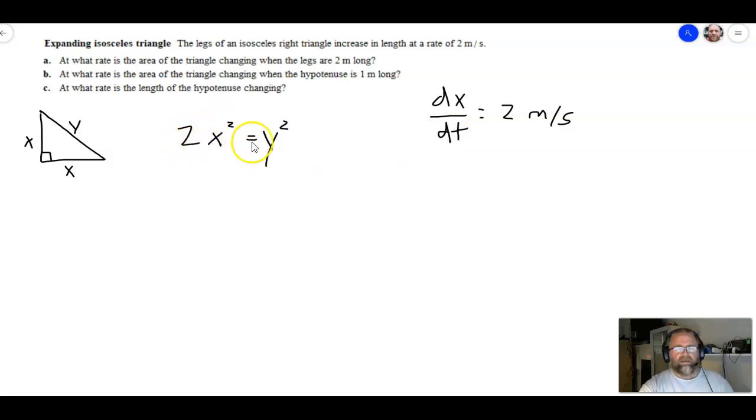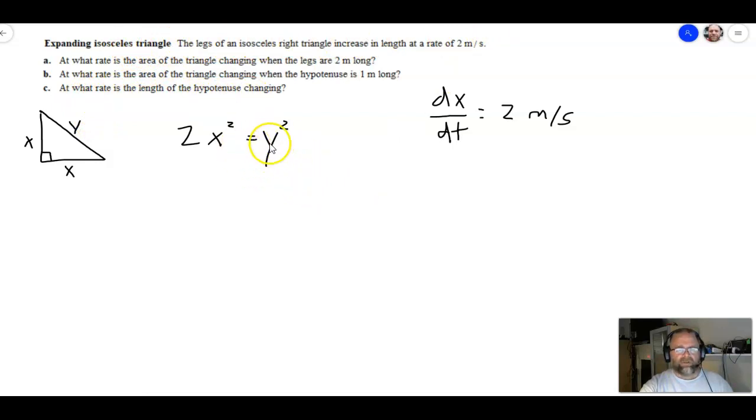If I do it to this side as well, I'm going to get 2y times dy over dt. And dy over dt is what I want, because that's the rate of change for the hypotenuse. But the y there means I need to know also the length of the hypotenuse, and it doesn't give me that either in C or in this top one here.